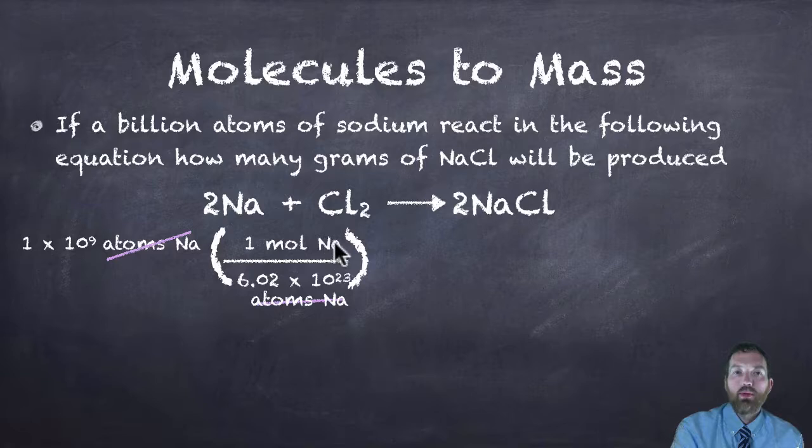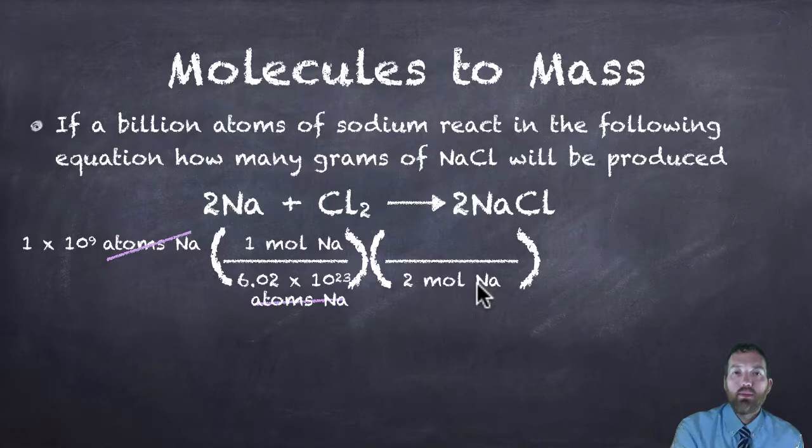So I have moles of sodium, and I need to use my mole-mole ratio to turn moles of sodium, and I have 2 of them, into moles of sodium chloride. For every 2 moles of sodium, I have 2 moles of sodium chloride. So this won't change our numbers, but you see it changes our units. Moles of sodium and moles of sodium cancel. I am now into moles of sodium chloride.